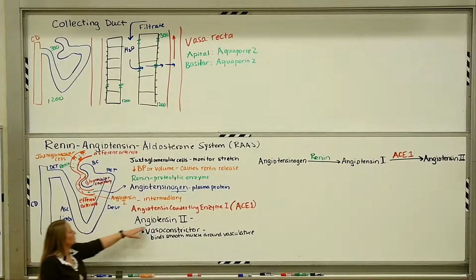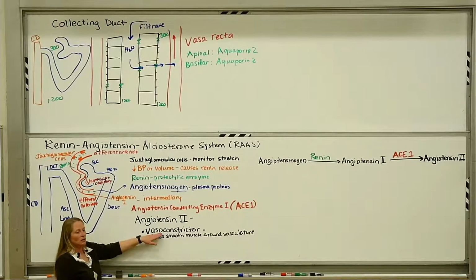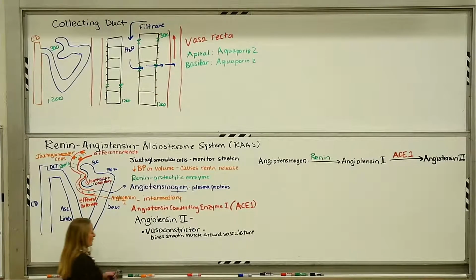All of this happened in the blood. And now we've got angiotensin II running around our entire body. Any receptor it can find on any smooth muscle around any blood vessel, it can bind and causes vasoconstriction. So we're causing global effects with this. And this is pretty potent too.